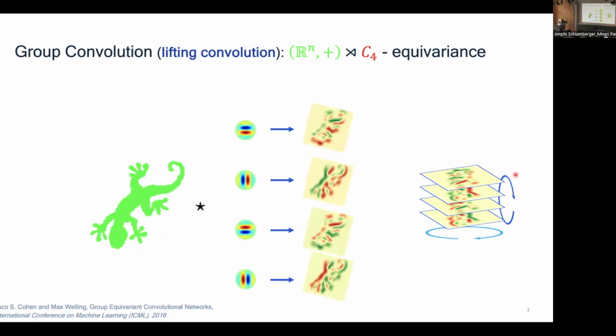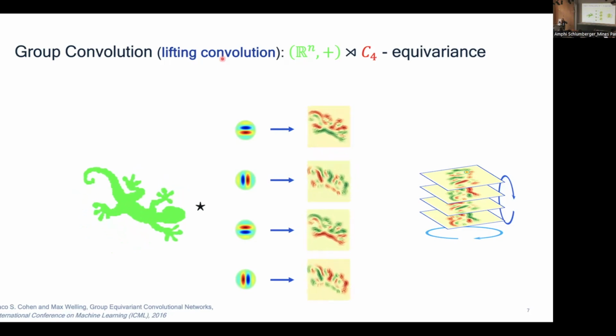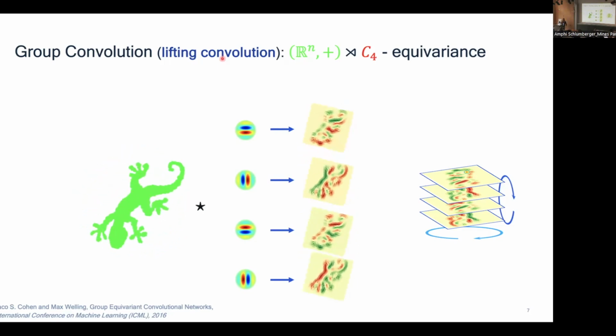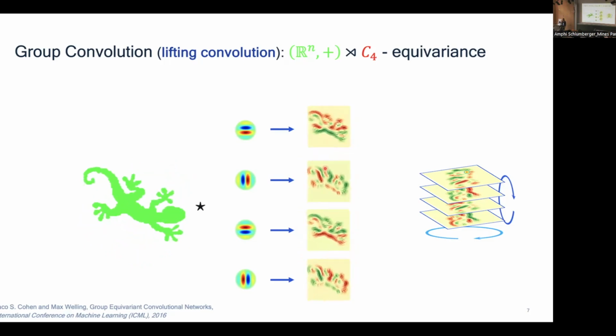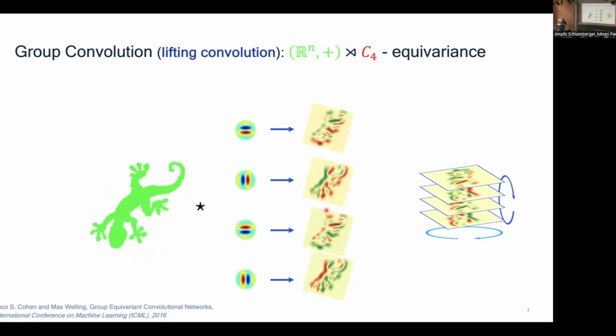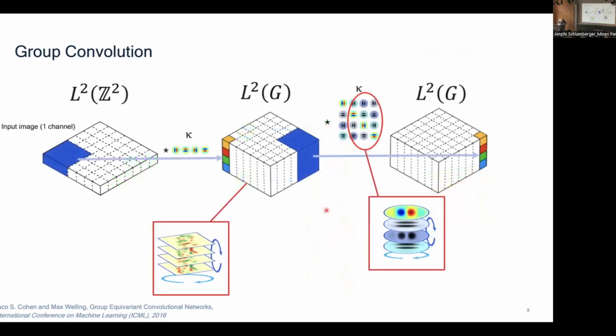This is actually what we typically call lifting convolution, because it doesn't really do convolution over the full group, but we take as input just a scalar image, like a grayscale image, but we get as output a feature map over the full group. The same idea can be used to build group convolution in the intermediate layers of a deeper network, which have to actually process features produced by the lifting convolution.